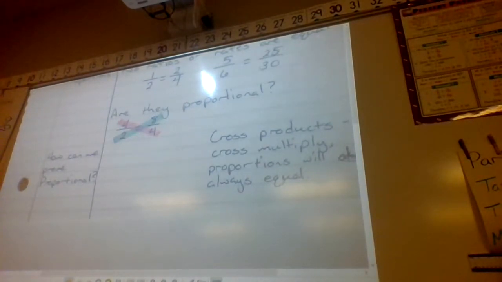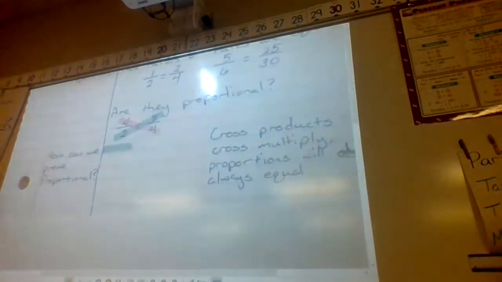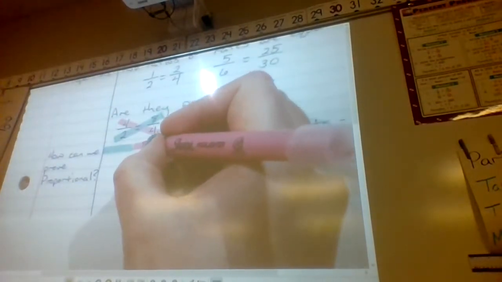Go ahead and highlight. Use 2 different colors. Highlight 2 different directions. Then I'm going to take that blue, put it right down here, and take that pink, put it right here.